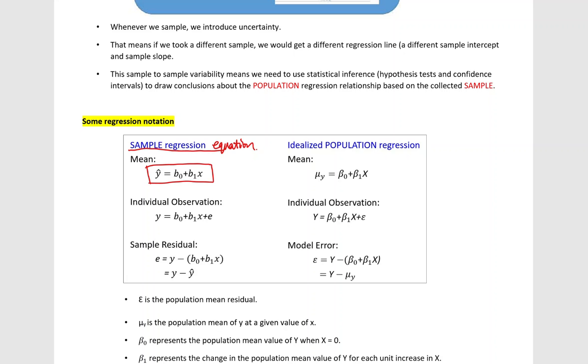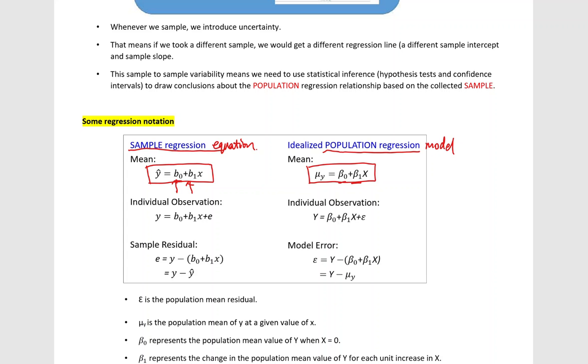Once you have this sample equation, you should have a detailed value for B0 and a detailed value for B1. And then you can use B1 and B0 to estimate the population parameters, beta 0 and beta 1. This is about the sample, and this is about the population. So when we talk about the population regression model, we are talking about this one.